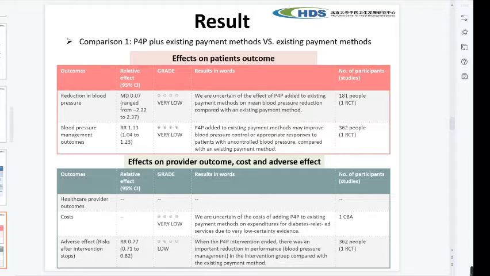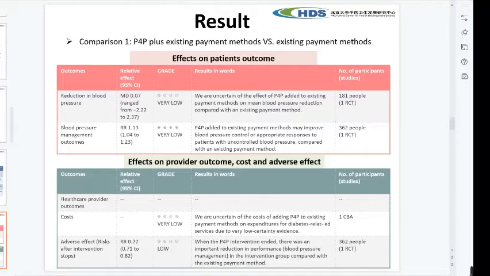But for another outcome, a mixed one, improved blood pressure control or appropriate response to patients with uncontrolled blood pressure, we found that the P4P extra incentives may improve the levels of this outcome.